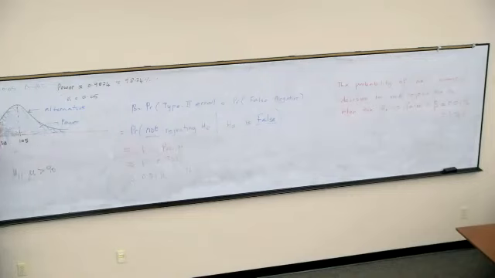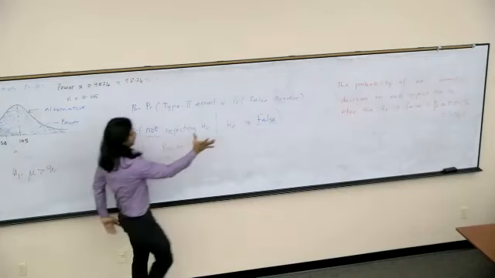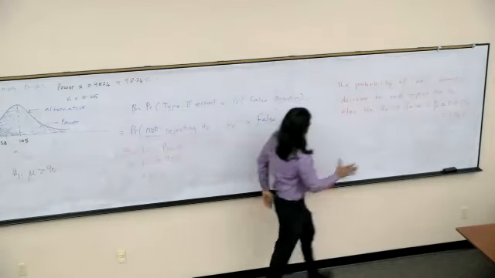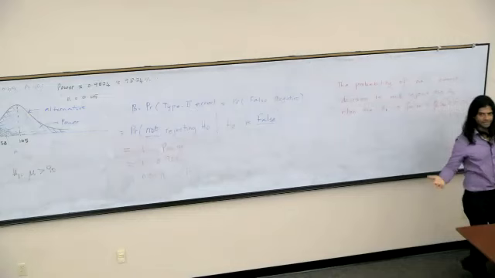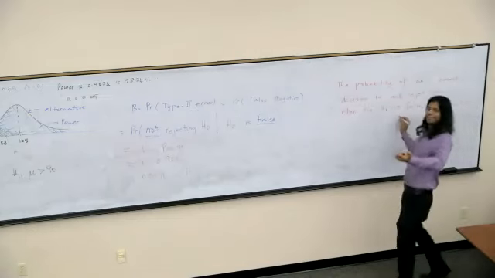Good. I'm going to stick with this. Conclude mu is less than or equal to 90. According to the data, this is true. Correct. The null is false, which would be that part. Agree? Yes.